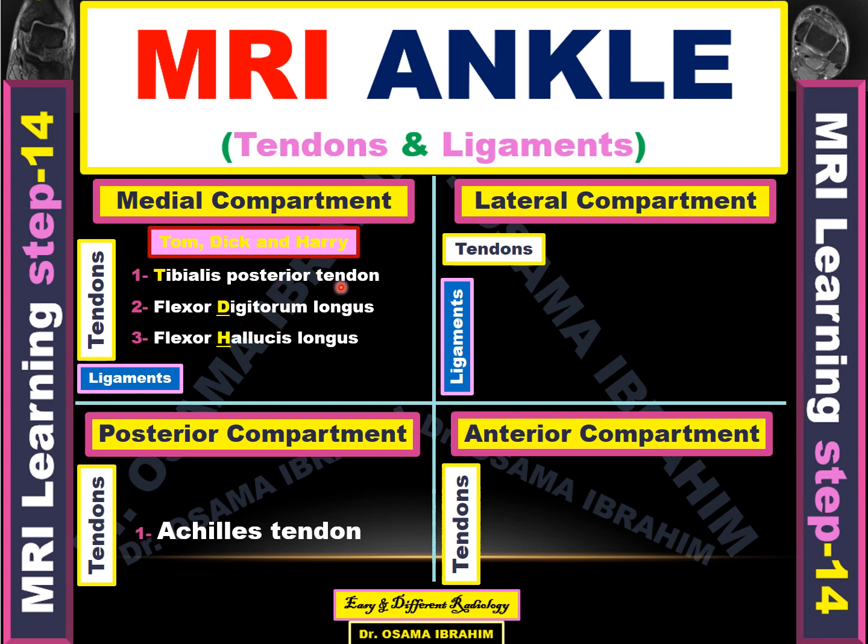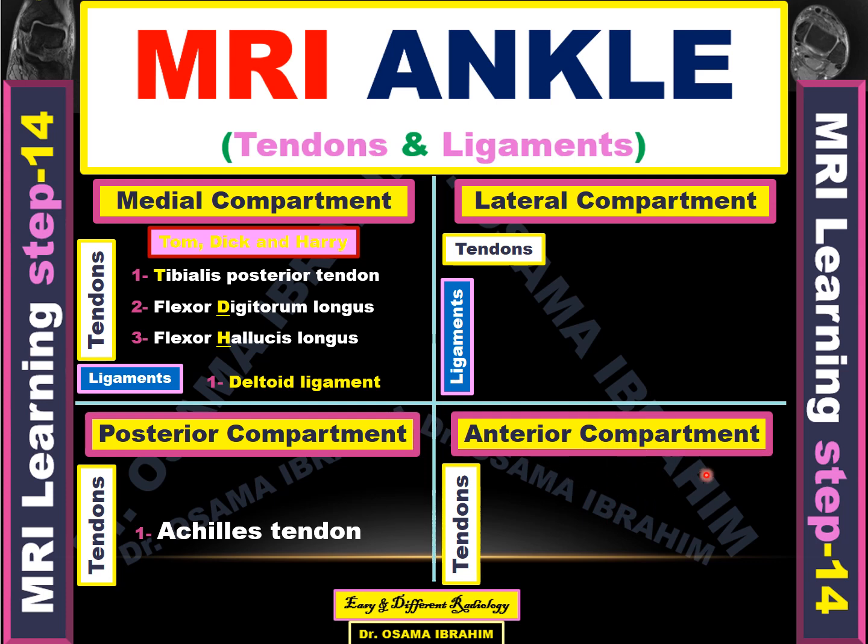So tibialis posterior, flexor digitorum, flexor hallucis in the medial compartment from medial to lateral. The opposite of this arrangement is the anterior compartment. But first, I will talk about the ligaments in the medial compartment, which is called the deltoid ligament, as I described in the previous slide.